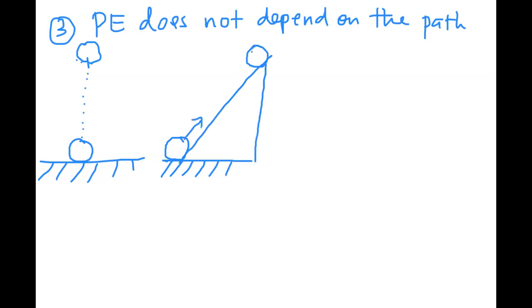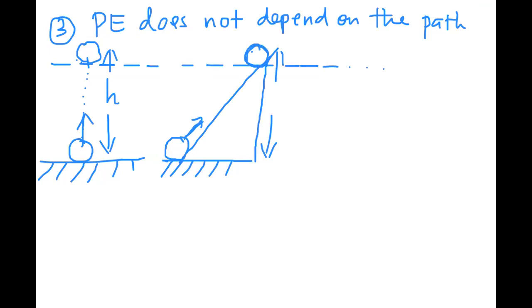So you can push your object like that, or you can go straight like that. This height here is the same as this height here. As long as you end up with the same height, from this reference level, the potential energy is the same, because it just depends on the height. It doesn't depend on anything else.